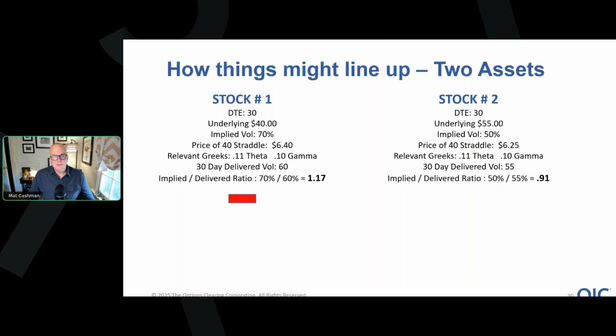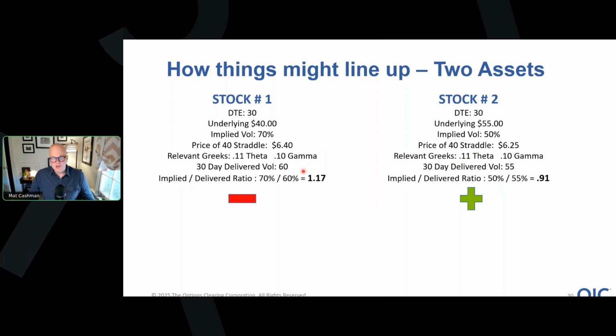Some people might look at this situation who are relative value traders and say, stock 1, you should be selling options because it's higher than 1. And stock 2, you should be buying options because it's lower than 1. I'm not suggesting that every time this happens, this is the way you should do it, but I am saying that many relative value traders do trade it this way.